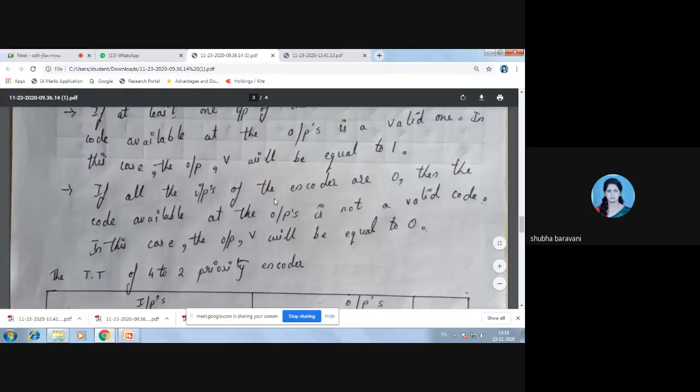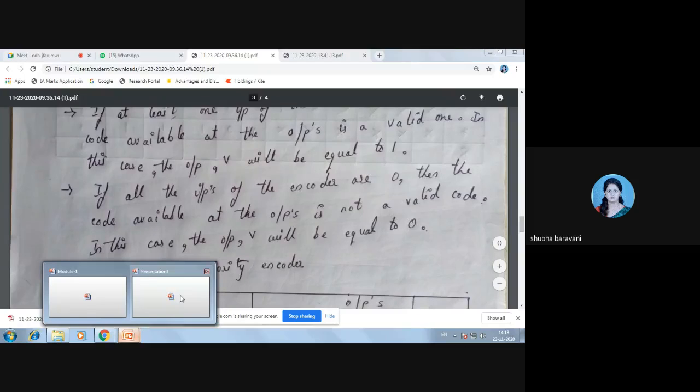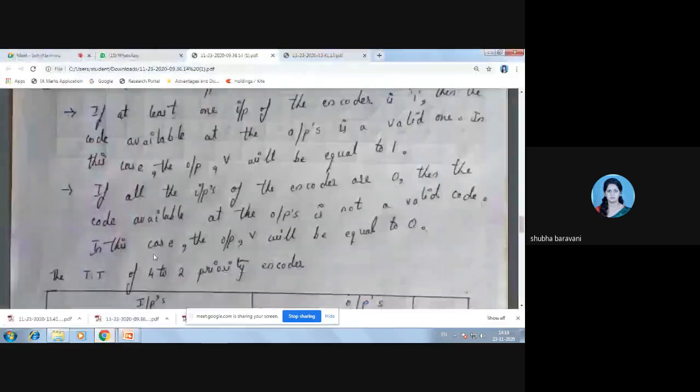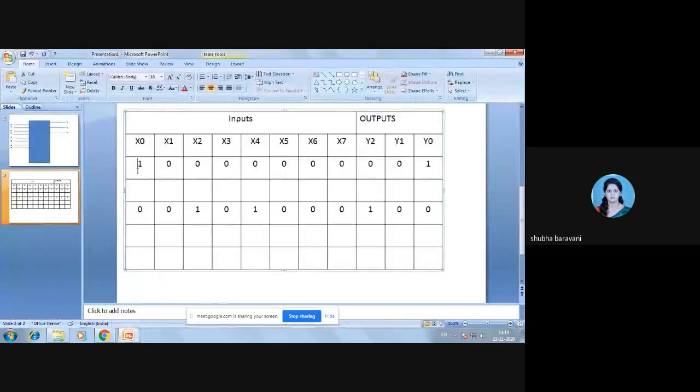However, if all the inputs of the encoder are 0, see here in the truth table, x0 is 1, x0 is not 0.